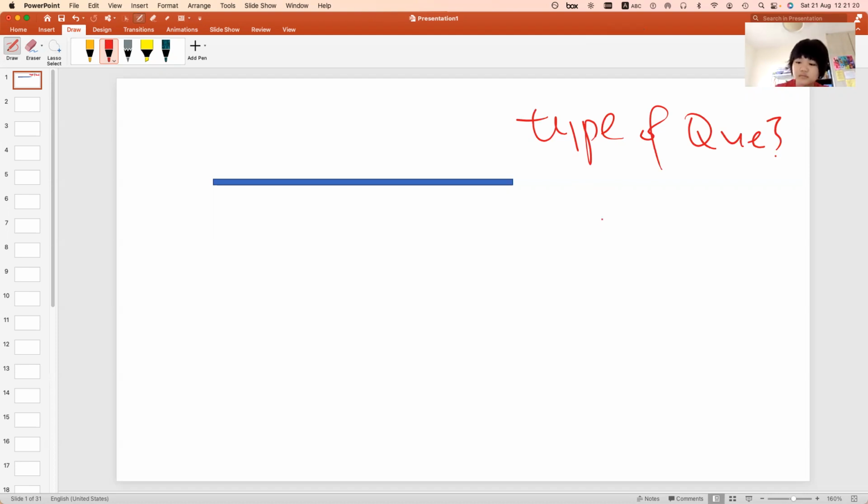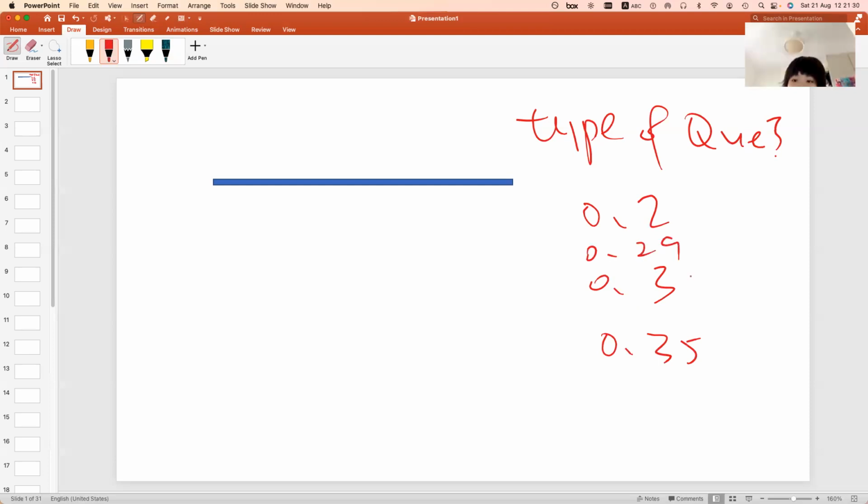This question is simple because if you are asked to rank, let's say I give you this, you could have ranked this easily, right? So 0.2 is here, and then 0.29 is here, and then of course 0.3 is here, and 0.35 is here.